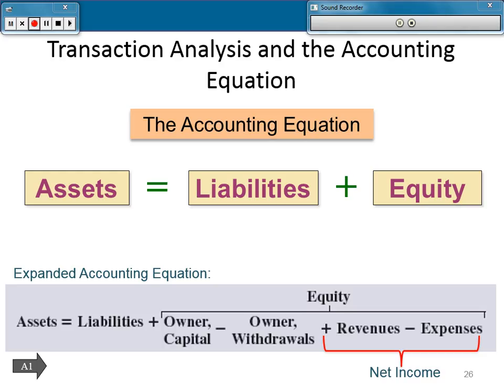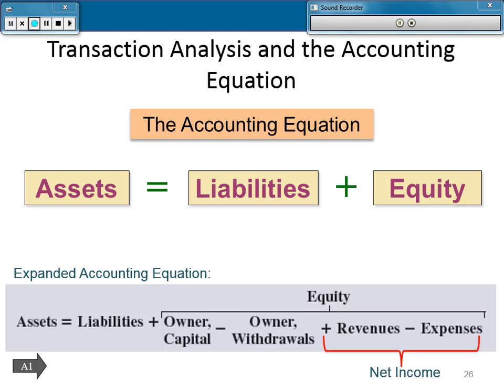And then liabilities. What are liabilities? I don't want to use the word debt, because we have other things that are considered to be actual debt. Basically, they're claims to assets by external parties.